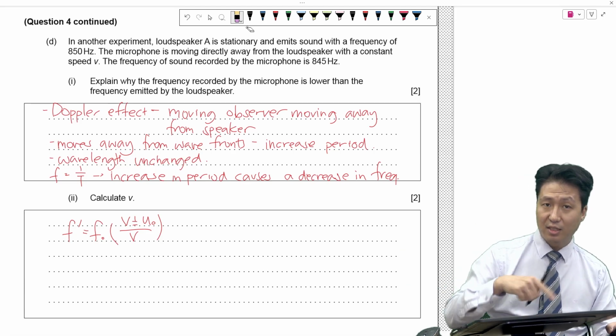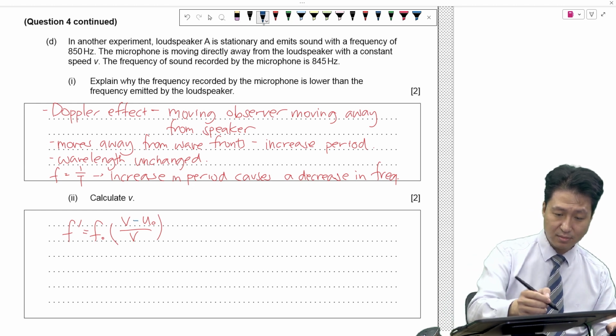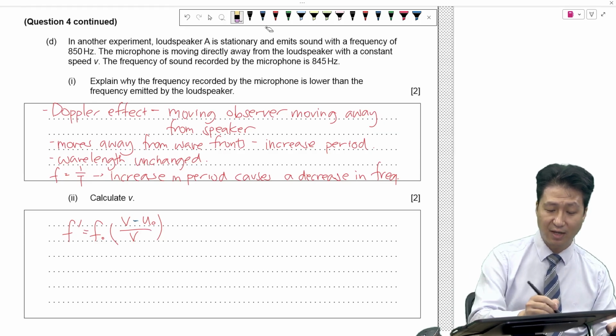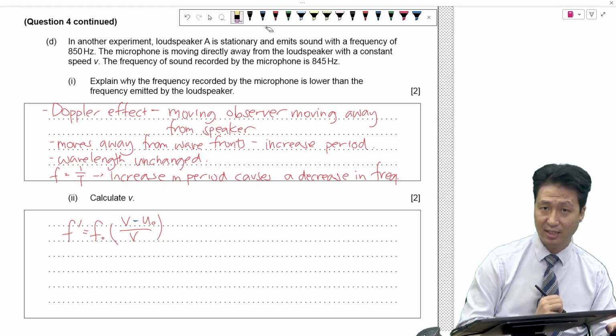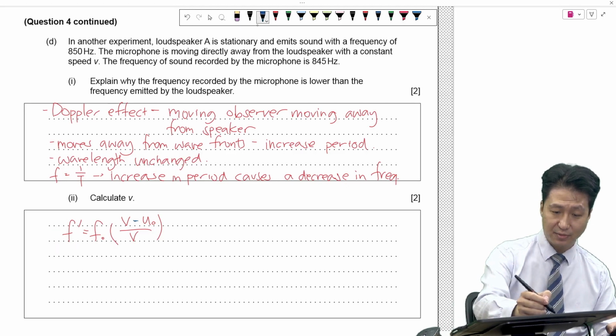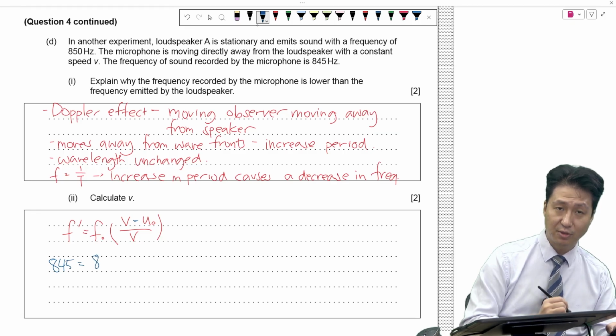Now, the observer is moving away, so that's how we know it should be a negative sign, because the frequency has to go down, and the only way to have a lower frequency is if you subtract the speed of the observer. If you put in the numbers, the new frequency is 845 hertz.